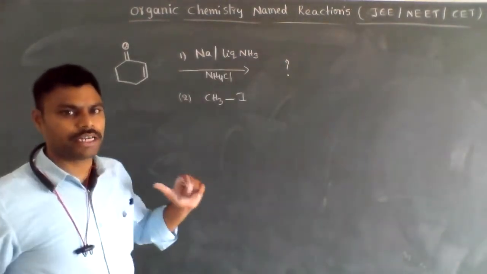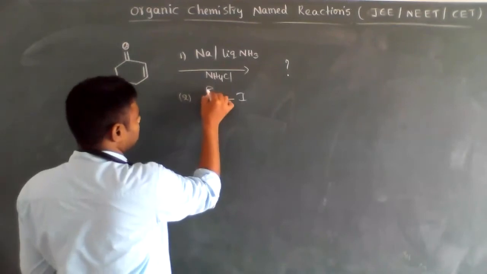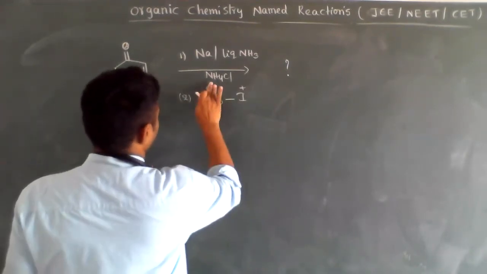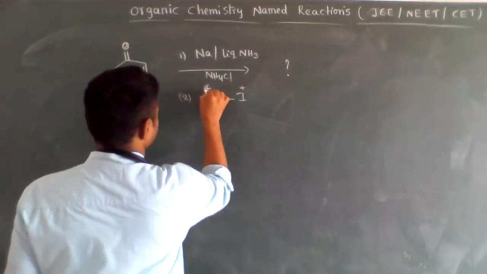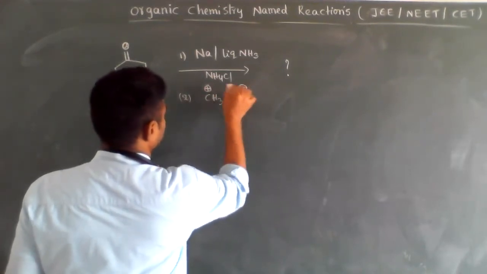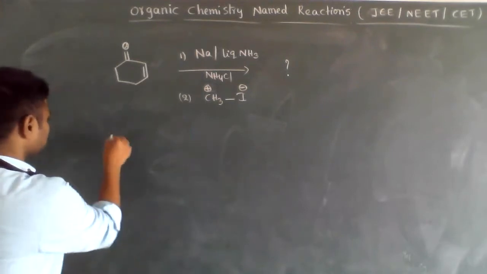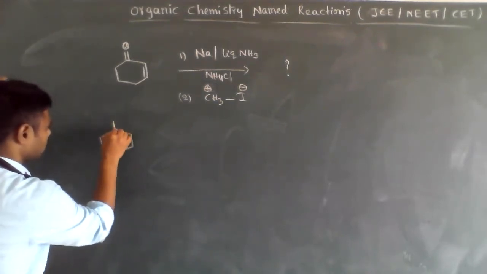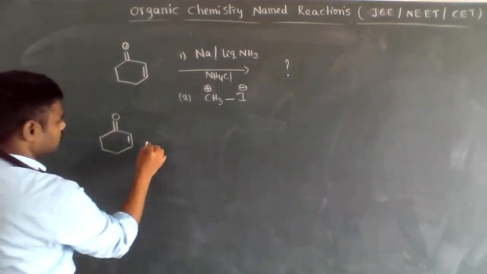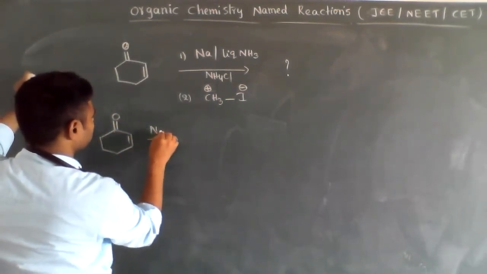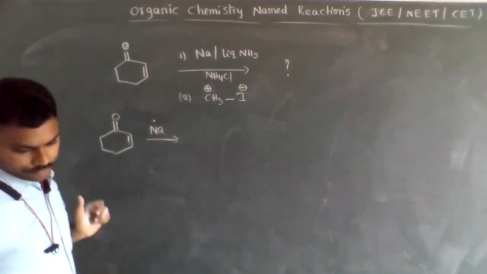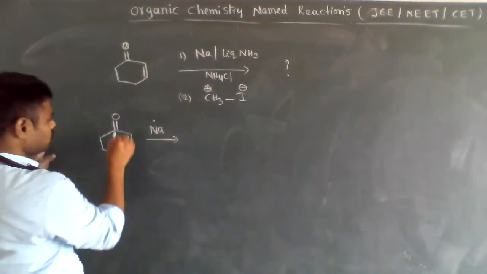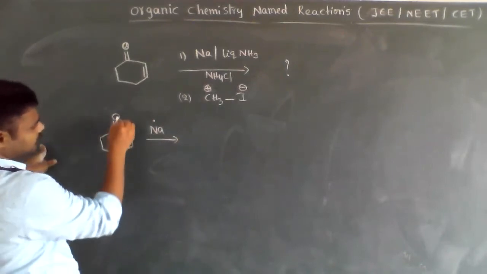Mechanism important. Methyl iodide gives CH3 plus and I minus. It will come. First, in the presence of sodium metal, the sodium having one free electron is present in the valence shell.